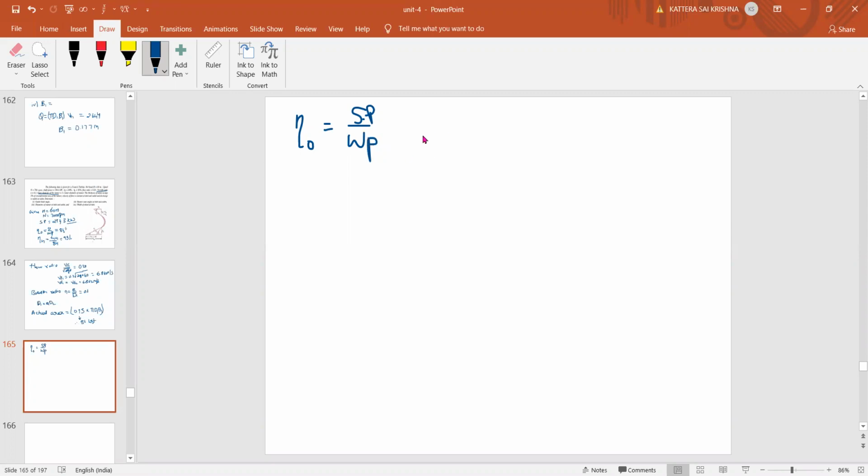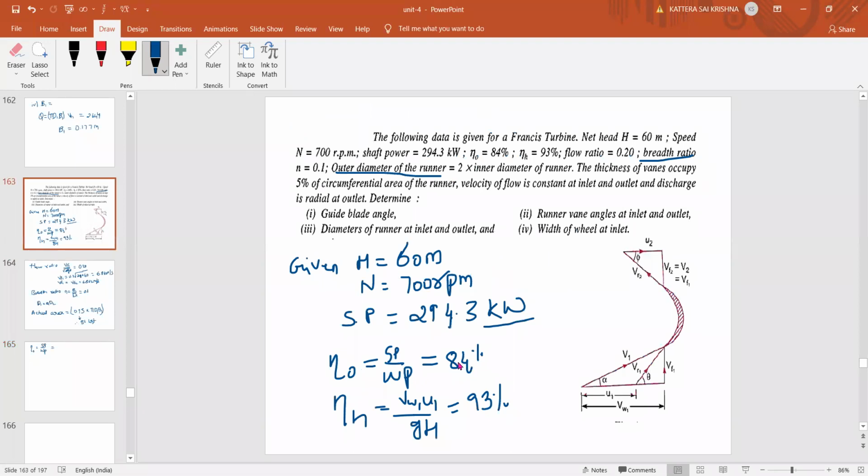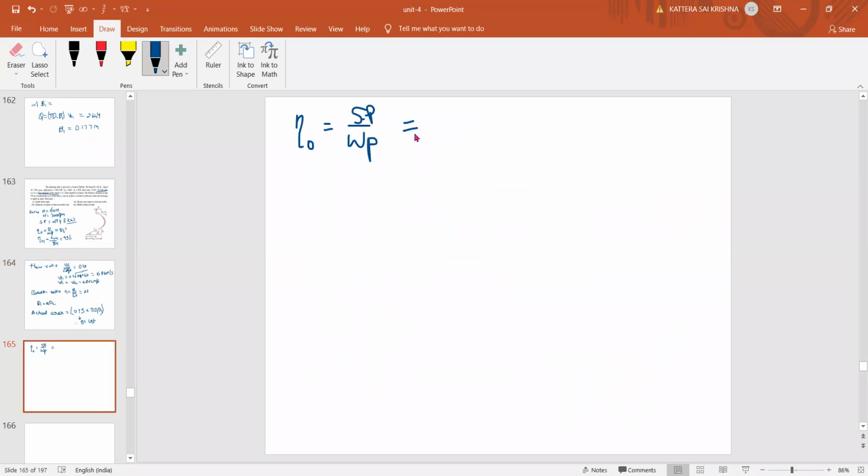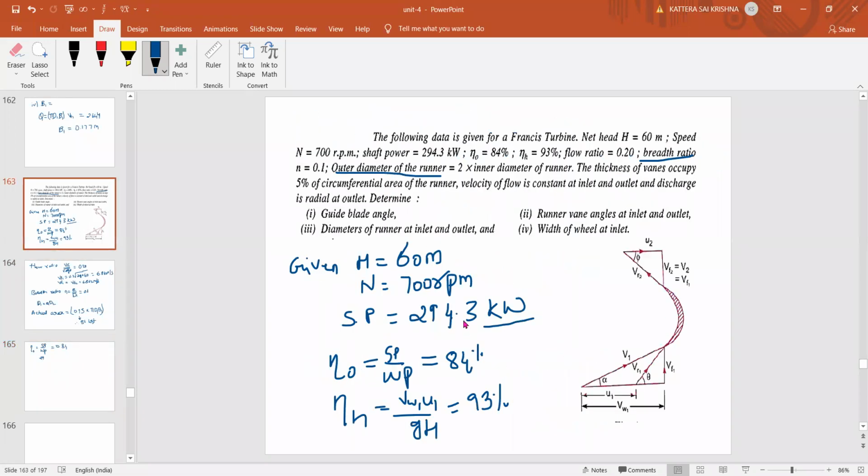Use this for finding Q value, discharge. So what he has given, overall efficiency 84%, right? So overall efficiency is equal to 0.84. Right. So shaft power, the value he has given already, 294.3.